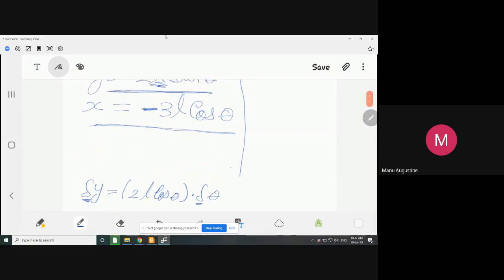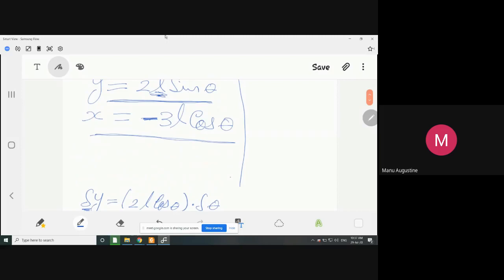Now I want somebody who is confident to perform the differentiation of x and theta with this equation. Perform differentiation of this equation and give me the correct expression. Del x is equal to 3L sin theta del theta. Very good. This is the correct expression. Why?